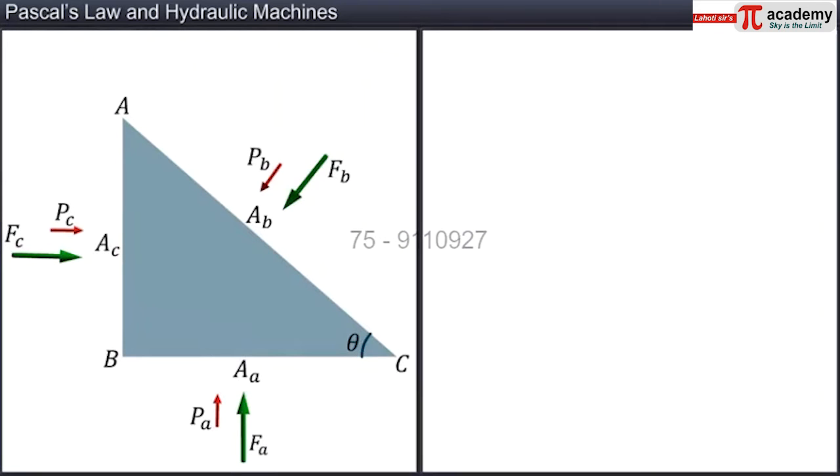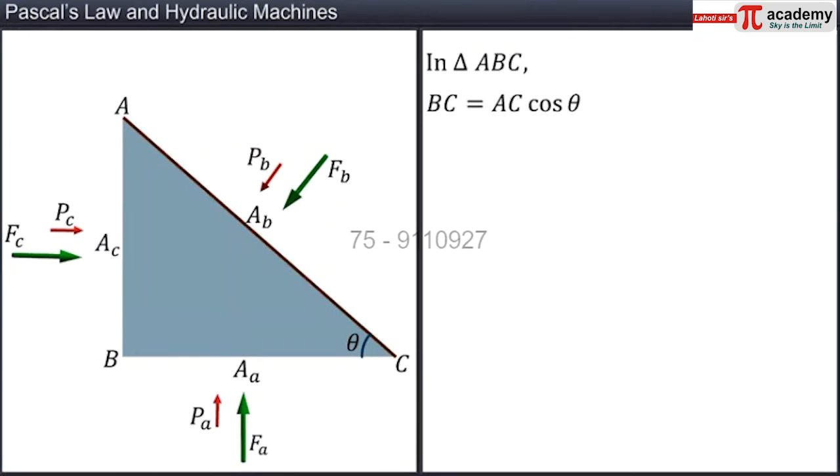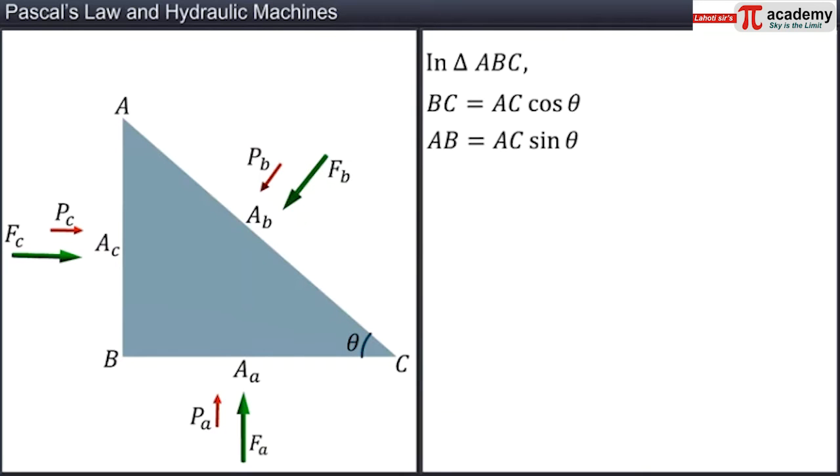Geometrically, in the right-angled triangle ABC, BC is equal to AC cosine theta and AB is equal to AC sine theta. The forces shown are normal to the respective areas that include the sides.